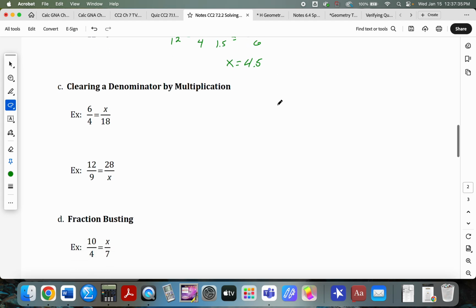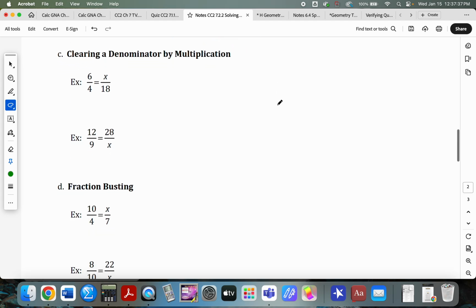You can also clear the denominator by multiplication. So let's look at this one. The first thing I would do is reduce. So to clear the denominator, I could multiply both sides by 18.